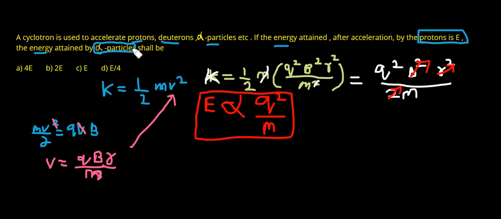To know about the alpha particles and the proton, proton can be represented as p, and alpha particles as alpha particles. The charge present in the proton is almost equal to the charge present in the electron.